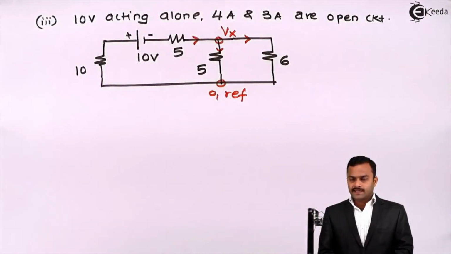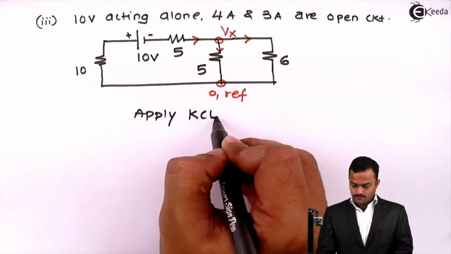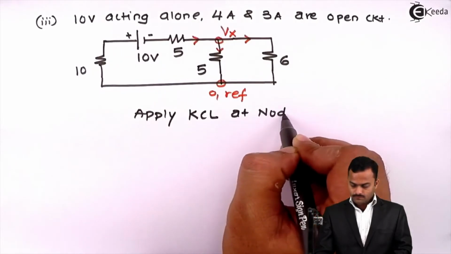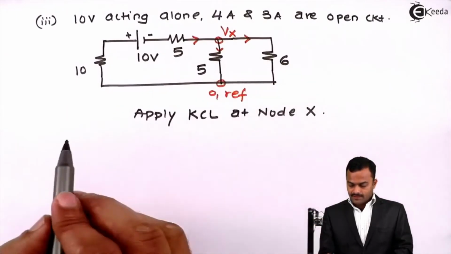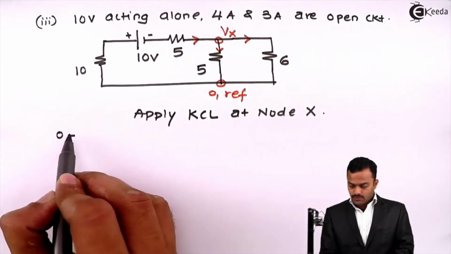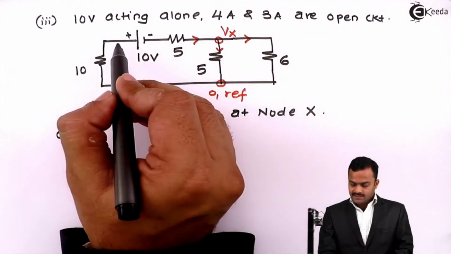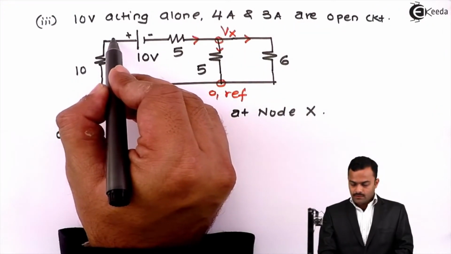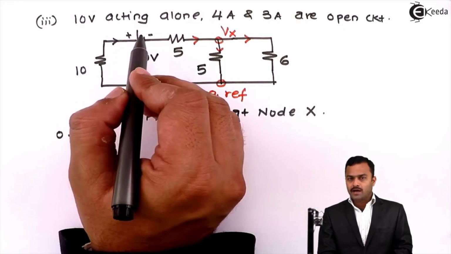Let's apply KCL at X. One incoming current I am having, and that incoming current is starting from 0, ending on Vx, and in the direction of current there is a battery changing the polarity from plus to minus.